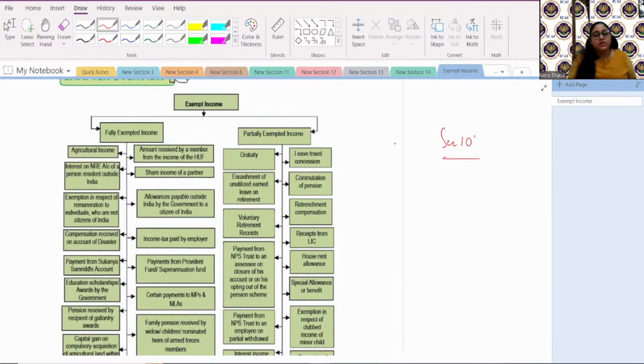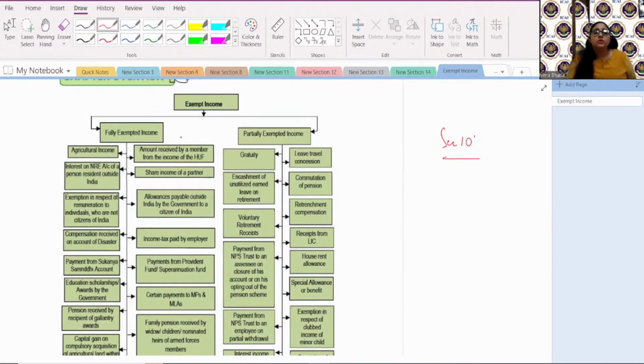So here, please do not see if you have any notes or some other teacher or whatever. Please focus on the sections which are given here in your module, in your study material. Please focus on only those exempt income. So basically what I'll be teaching today, only those exempt income you have to cover.